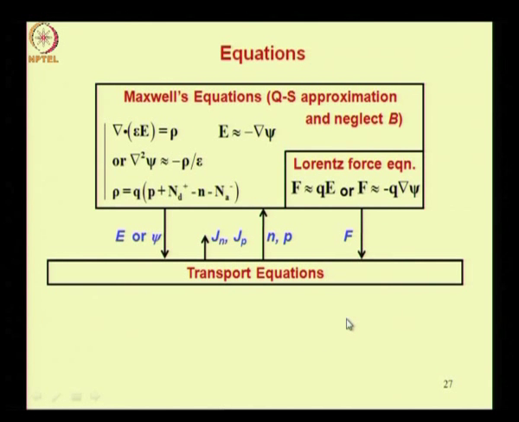That is why what we are doing now is including that rho equation along with the Maxwell's equations, and instead of rho we now show the electron concentration and hole concentration as inputs to the field equations, and these are obtained from the transport equations.